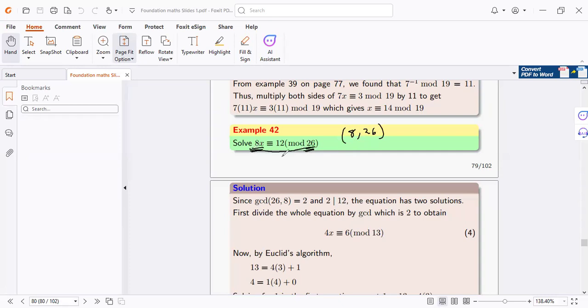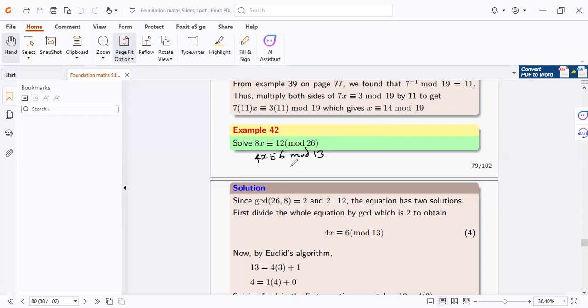So that means, as we did earlier, since 2 is a common factor, you divide it through by that common factor first of all. So 2 is a common factor here. So divide it through by 2. And when you do that, you get 4x is congruent to 6 mod 13.